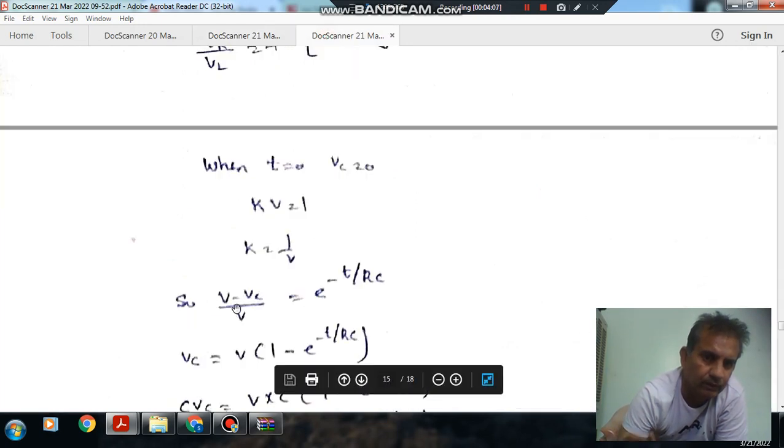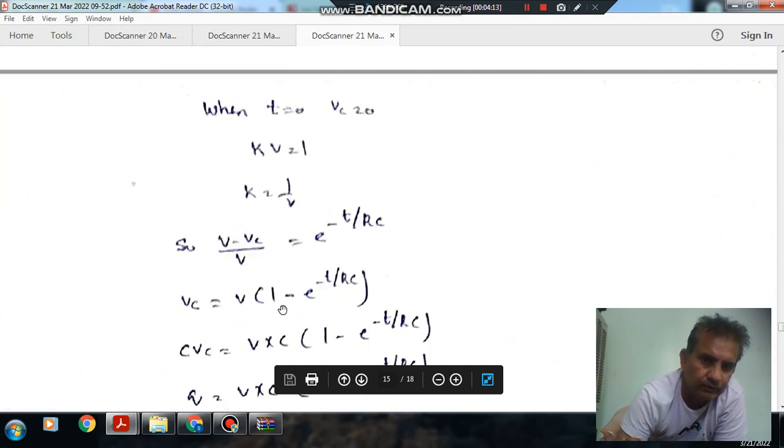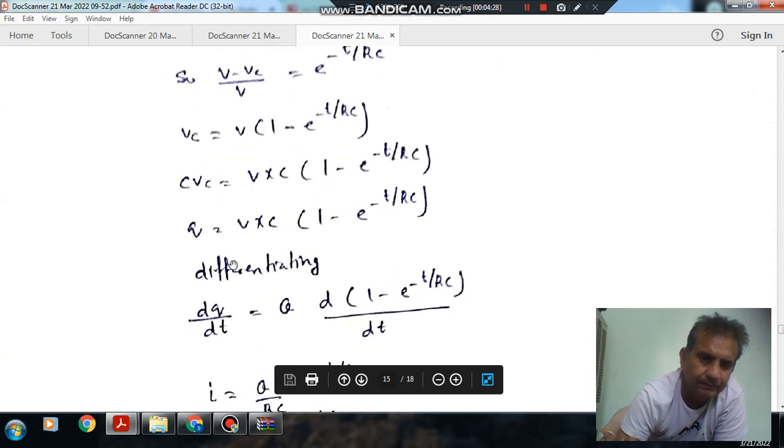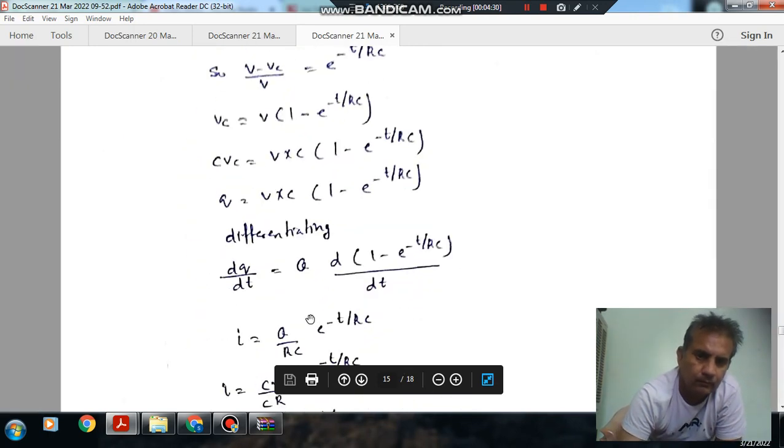So (V minus Vc) by V is equal to e to the power minus t by RC, or Vc is equal to V(1 minus e to the power minus t by RC). If we multiply both sides by C, then CVc is Q, so Q is equal to CV(1 minus e to the power minus t by RC).